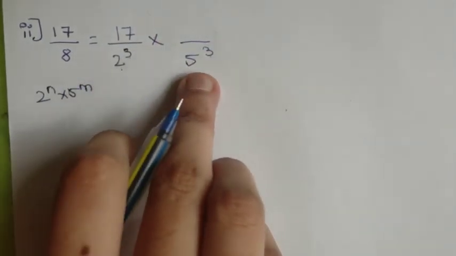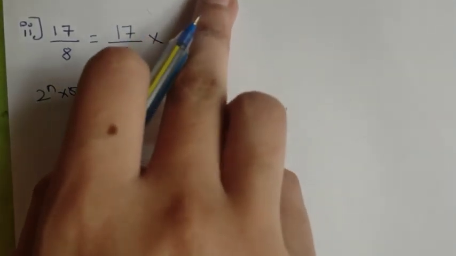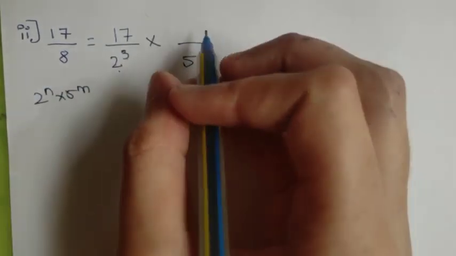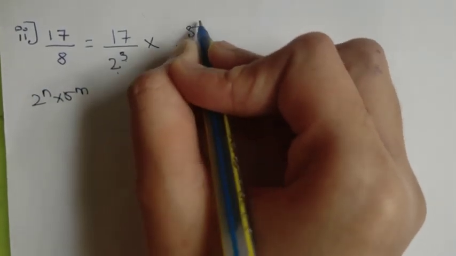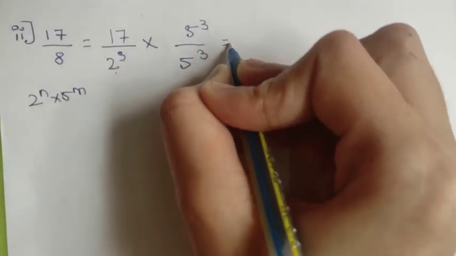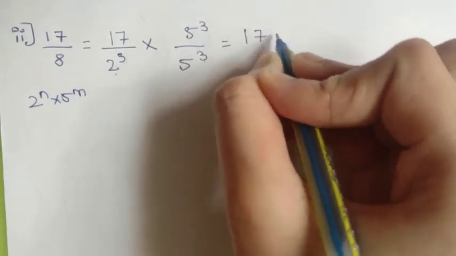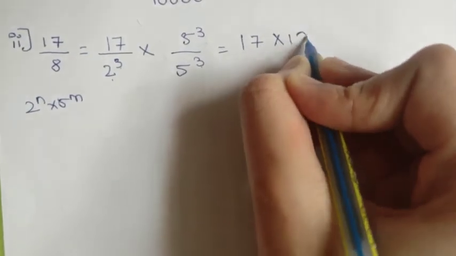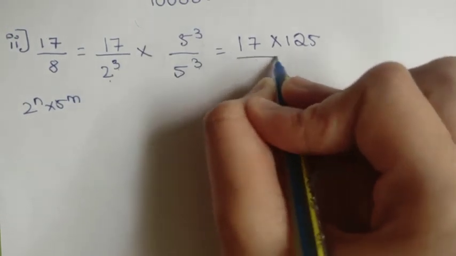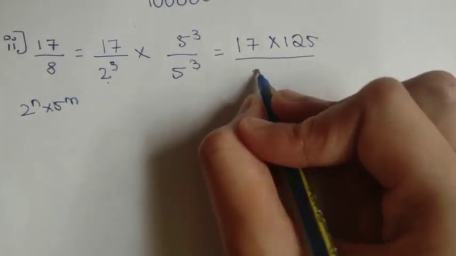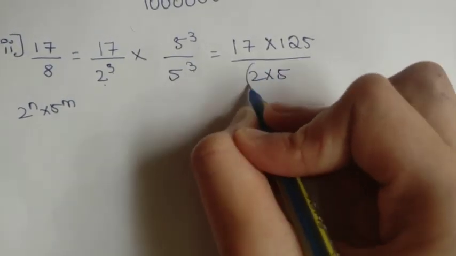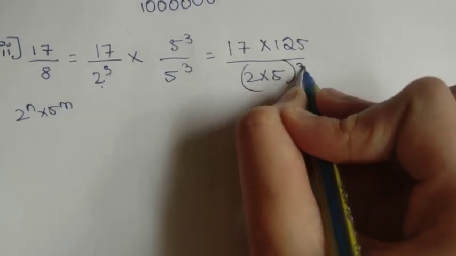Now when we multiply it in the denominator, we have to multiply it in the numerator also. So this becomes 5 root 3, and 5 root 3 becomes 125. And down I'll take it common, 5 into 2 root 3.